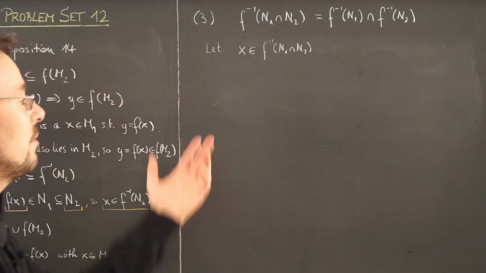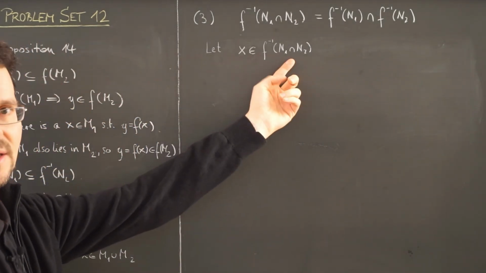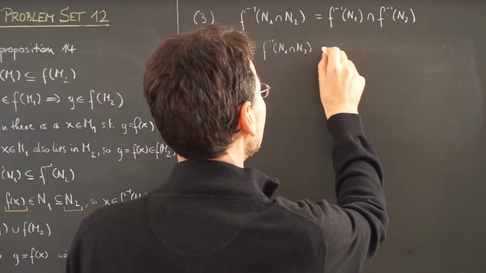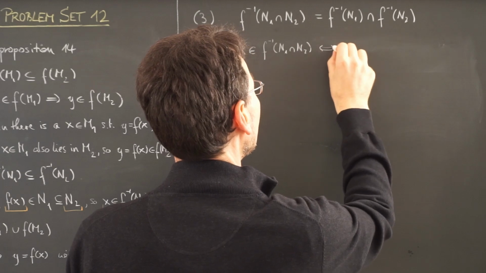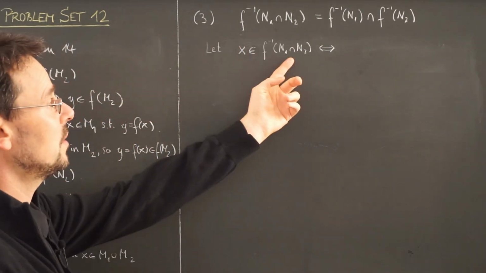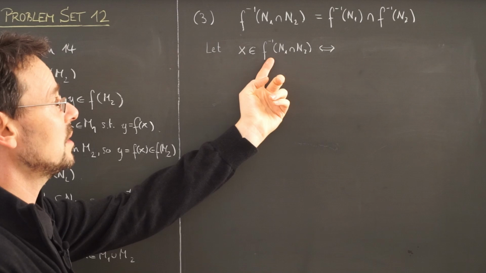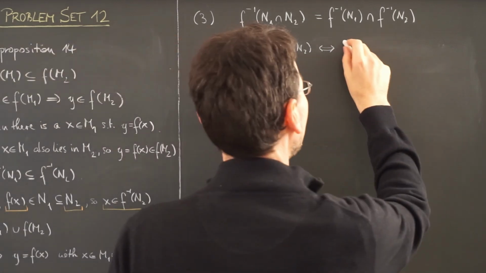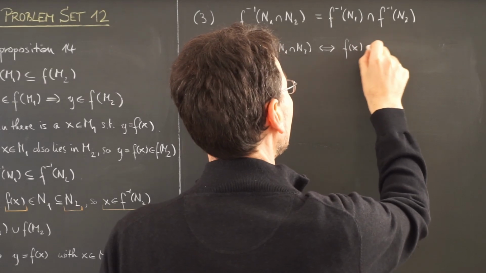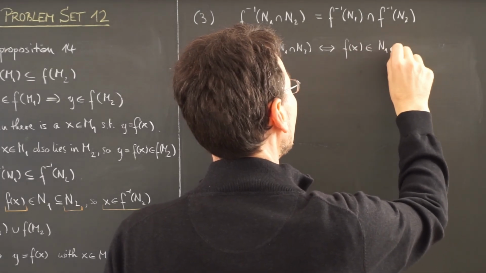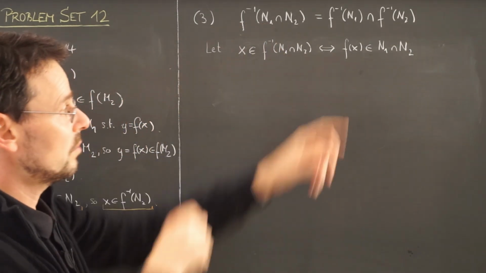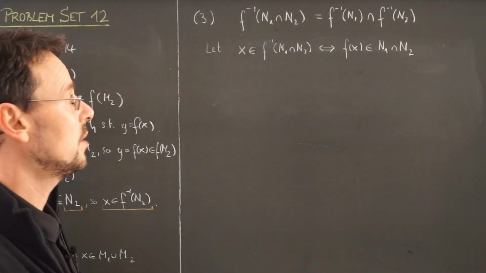So now finally we may assume there is an element in here, because we're in the case where this is not the empty set. Now comes the definition of pre-image. This means exactly that f of x lies in here. So above this you have to write definition of pre-image.